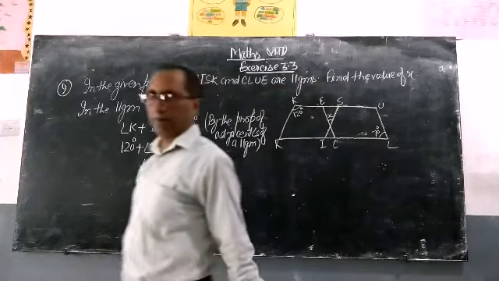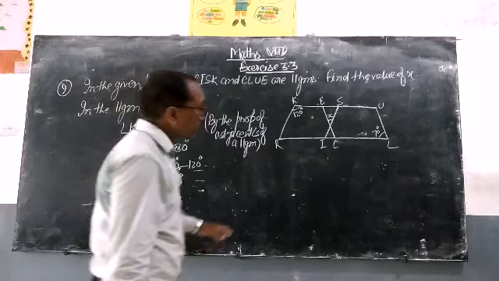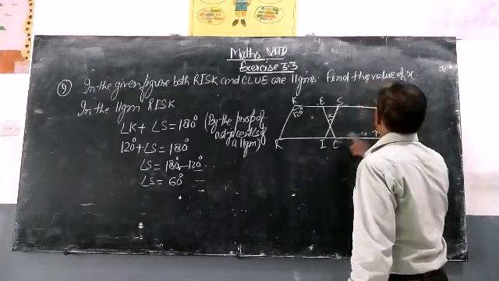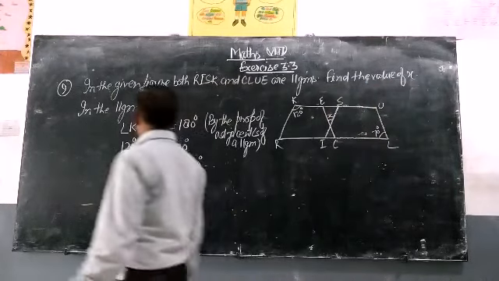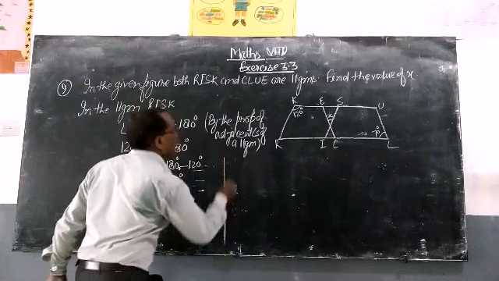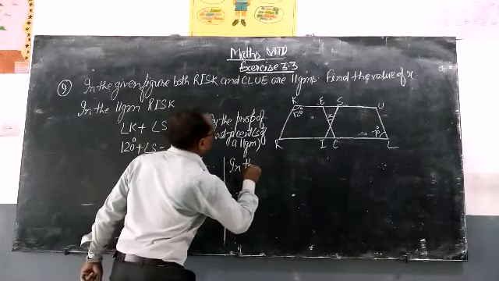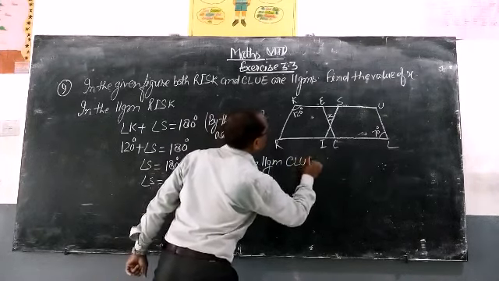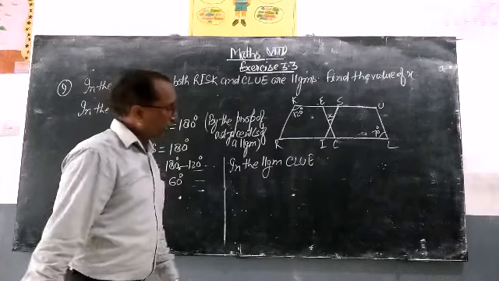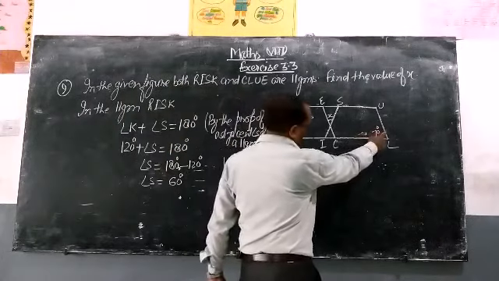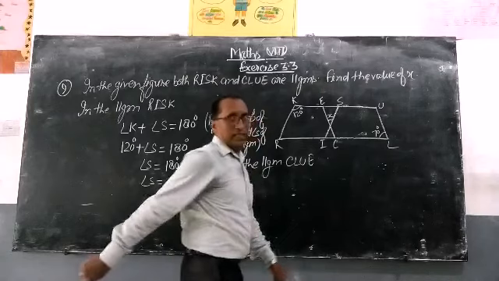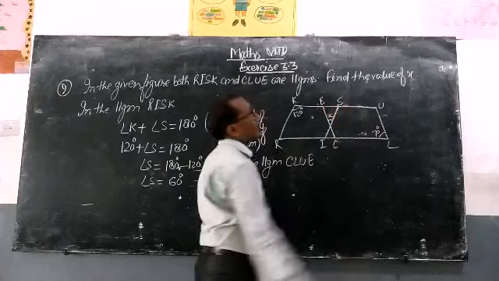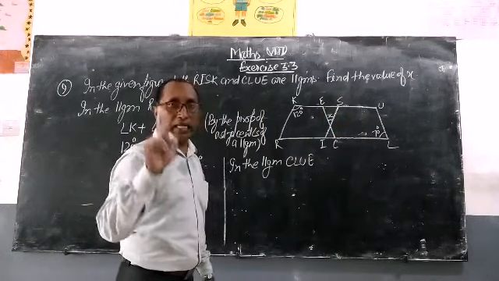Then you take the other parallelogram CLUE. In parallelogram CLUE, you can write here angle L is equal to angle E, because both are opposite angles of a parallelogram and they are equal.